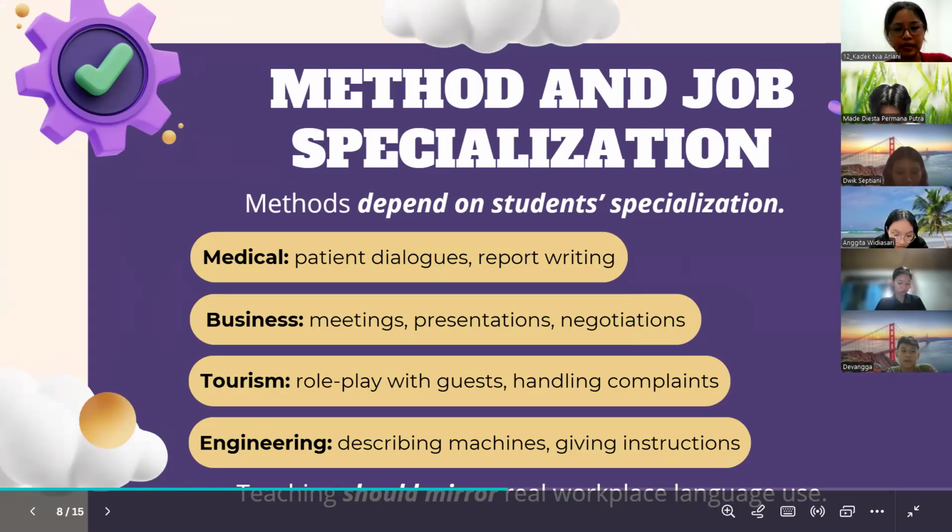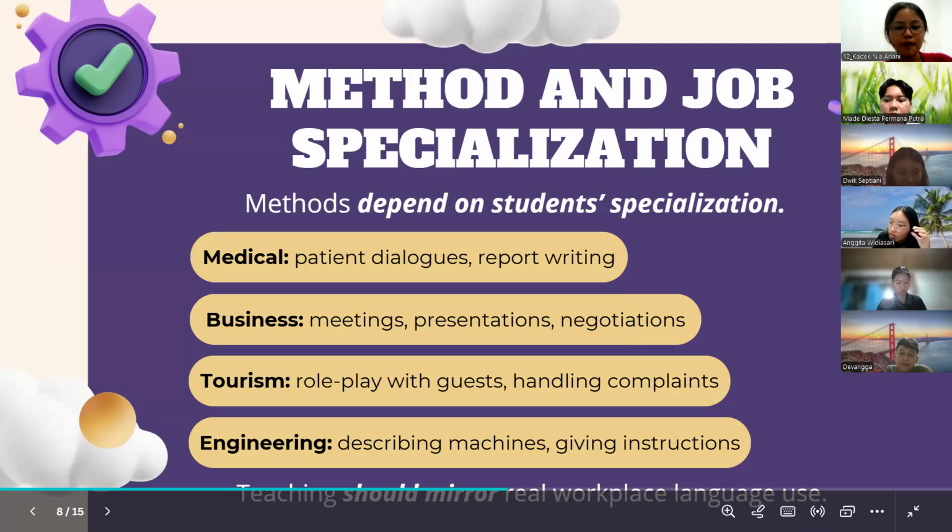For example, the first one, medical students. The medical students learn about symptoms and write medical reports. Second, business students. The business students prepare presentations, negotiate, and write emails.